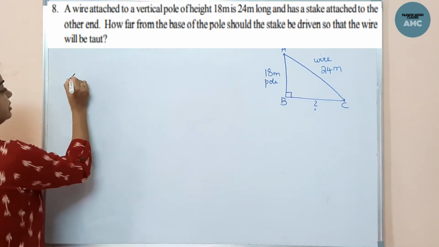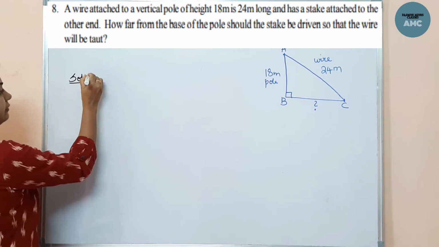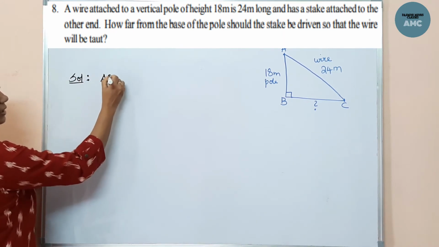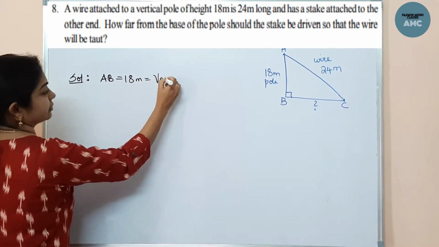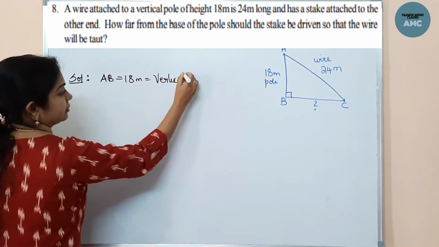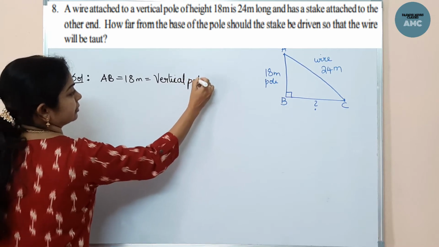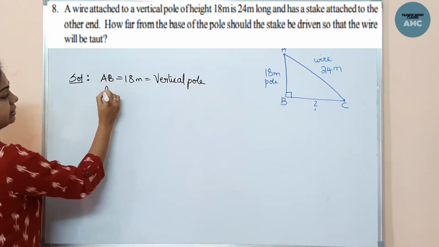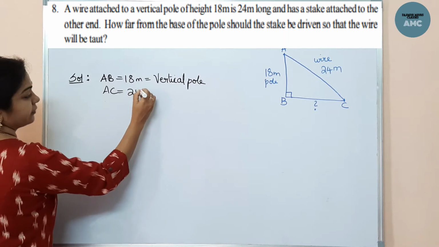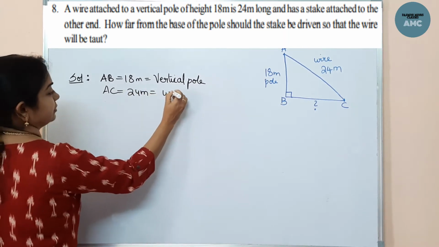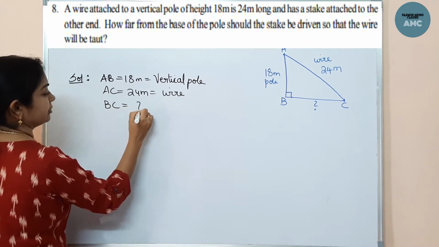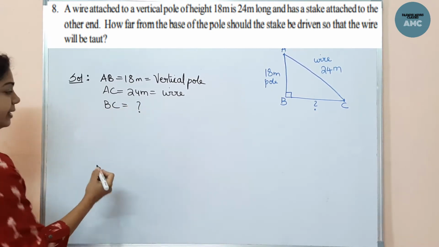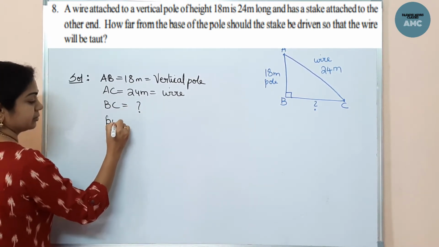The solution: AB is the vertical pole, AB is equal to 18 meters. AC is the 24 meters wire. Now we need to find BC. Here, applying the Pythagoras theorem.